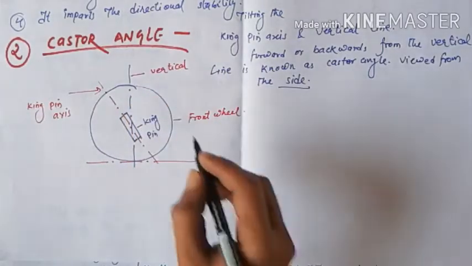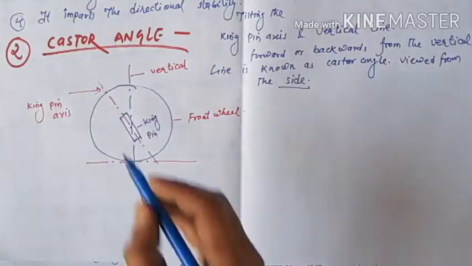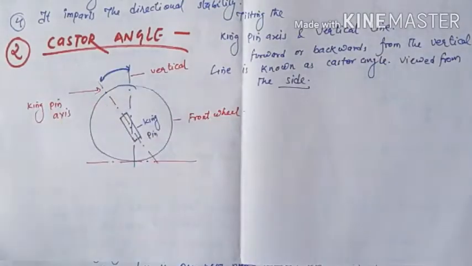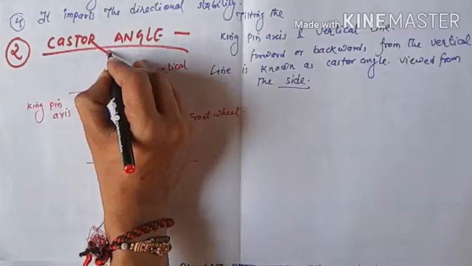So the angle between them is the caster angle. Here this angle shows the caster angle. Okay, remember? So this is your caster angle.